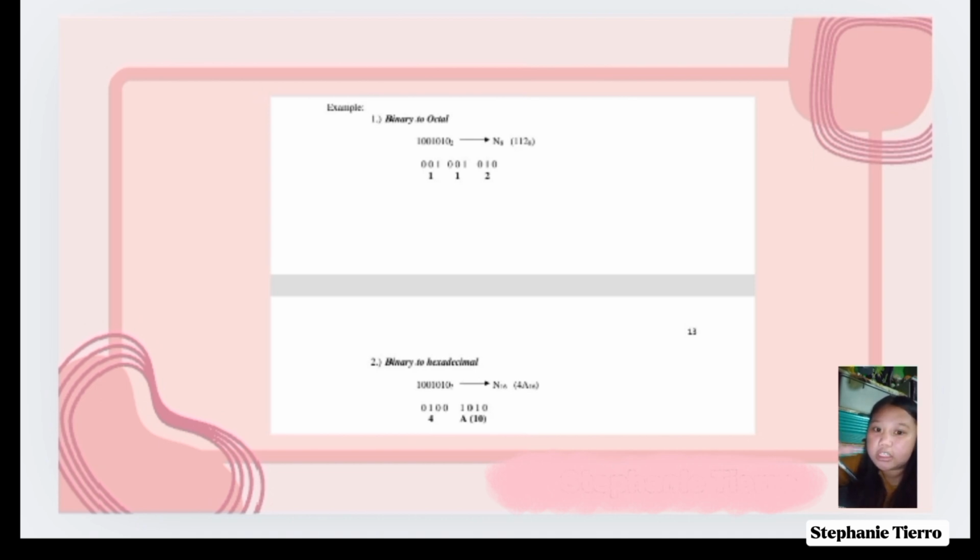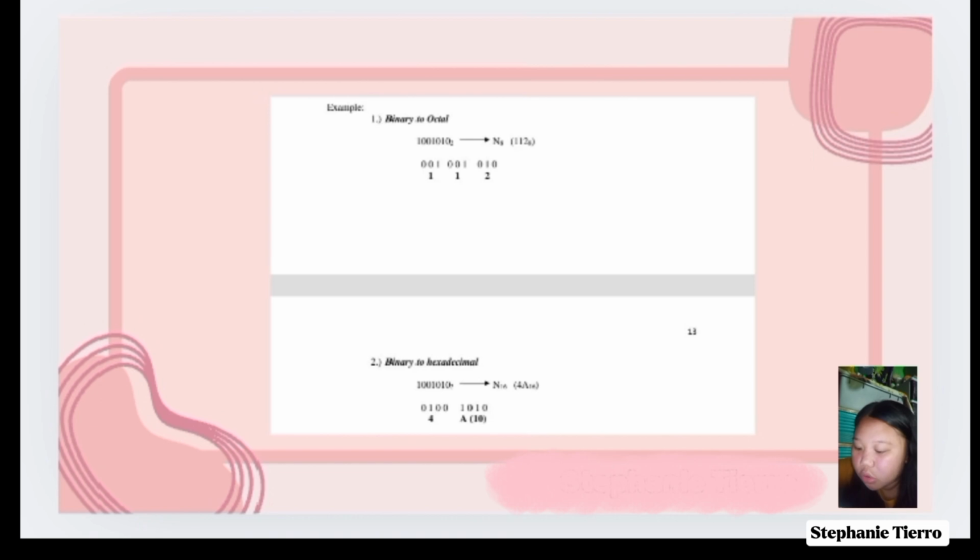Binary to octal is 3 per group. Kay hexadecimal naman ay 4. Baba natin si 1, ilagay natin si 100, 0, 1, 0. Ayan. Base 2. And pagkatapos nun, igrupo na natin siya.